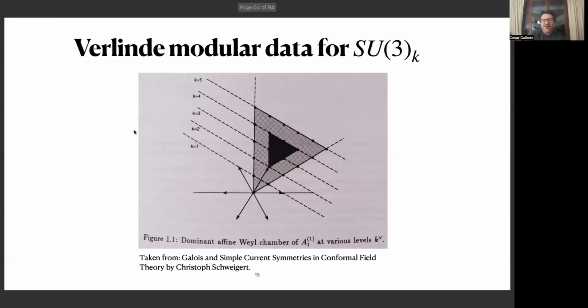So the example that I want to present is this one. Consider the case of A2. The root system is of rank 2.